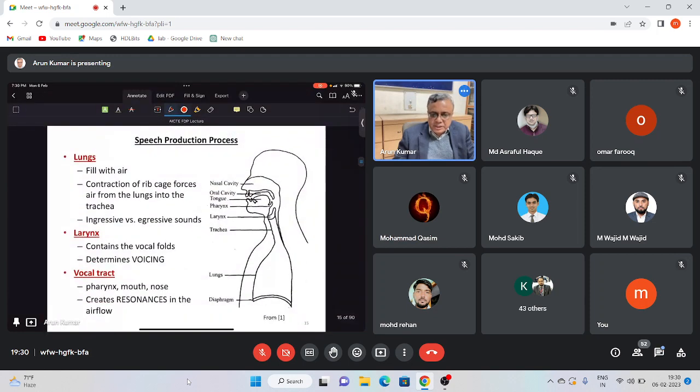Now coming to the speech production process. Sounds are basically of two types. One is ingressive sound and the other is egressive sound. Ingressive sounds are created when we inhale air. Right? Click sounds, for example. And egressive sounds are those which are created when we exhale air, like most of the time when we are talking.